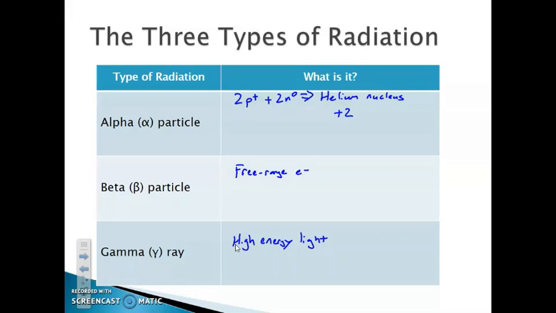Radiation, of course, is bad for people. The worst kind is gamma rays. Alpha particles aren't as bad for you, and neither are beta particles, but gamma rays are pretty nasty. What happens is that when they hit the molecules in your body, they have so much energy they just rip the molecules apart. If it's a common molecule like water or sugar or a protein, it doesn't really affect your body much. You're fine.